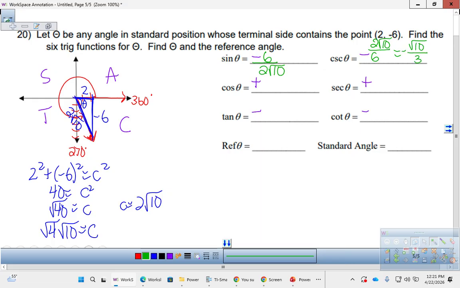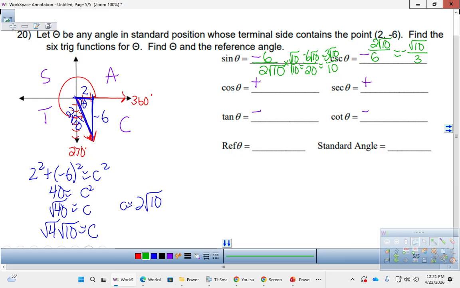So I'm just going to reduce that fraction. And then over here, I'm going to have to rationalize the denominator by multiplying by root 10. So I get -6 root 10 over 2 times 10, which is 20. And then 6/20 reduces to 3/10. So I'm just working my way through rationalizing that.